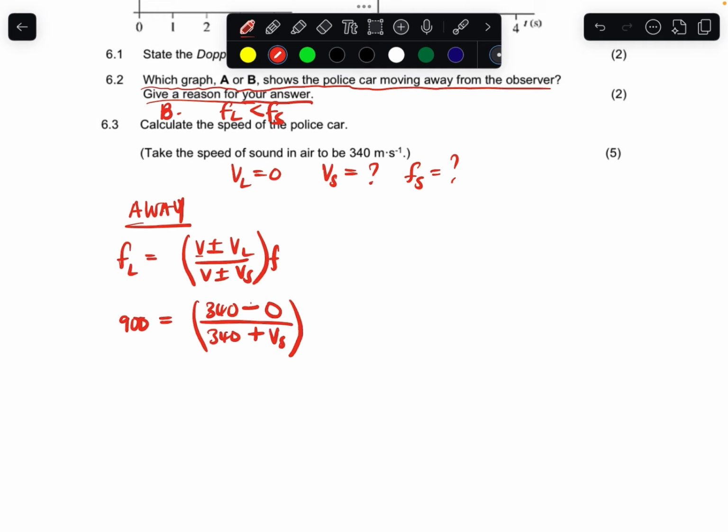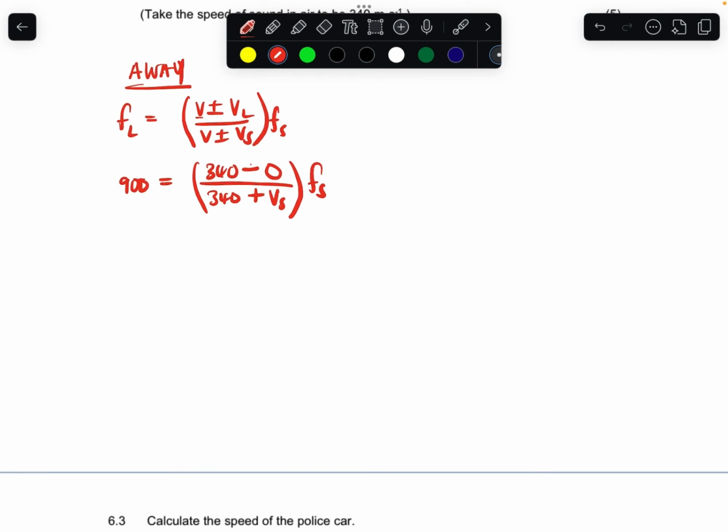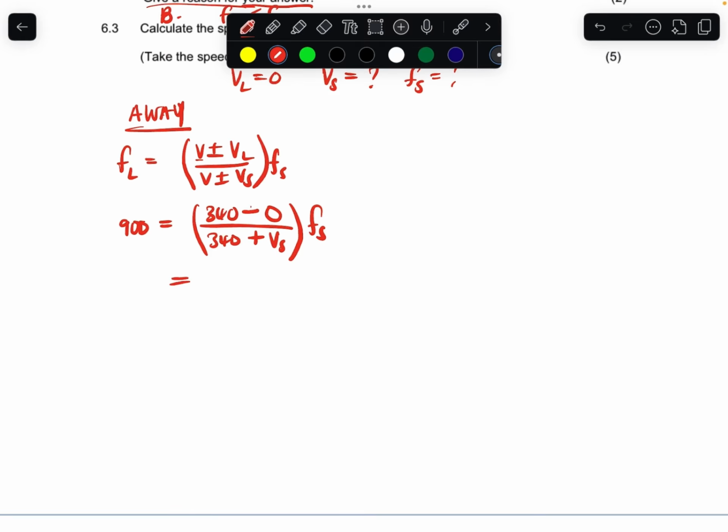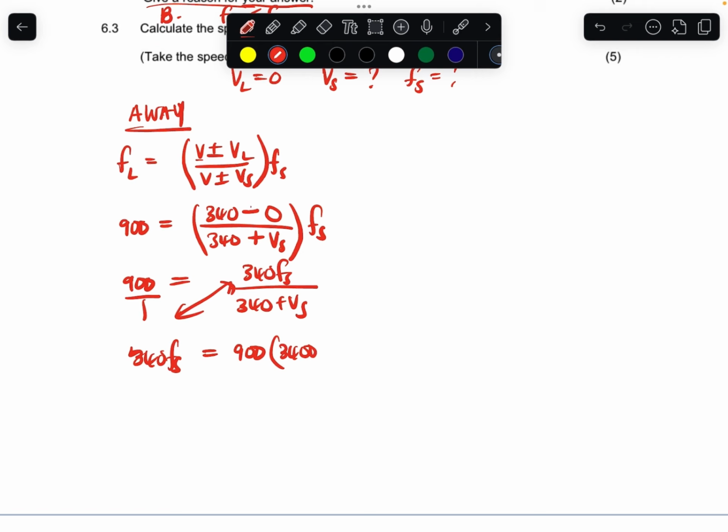The frequency of the source we do not have, so we are creating that equation. So 900 equals 340 f_s over 340 plus V_S. Then we cross multiply, and it's going to be 340 f_s equal to 900 times (340 plus V_S). We'll say this is our equation 1.